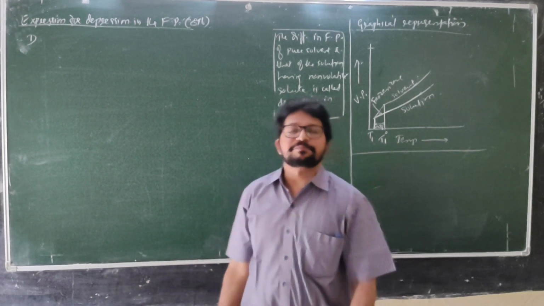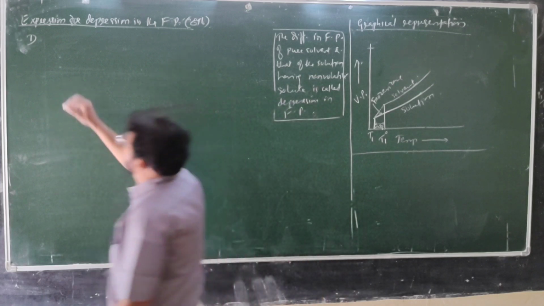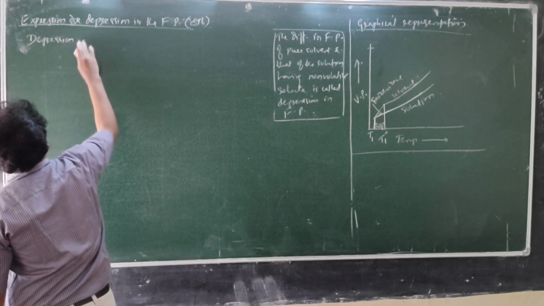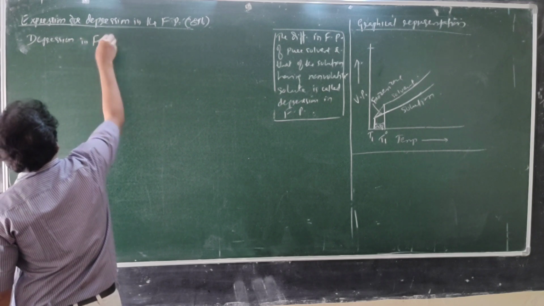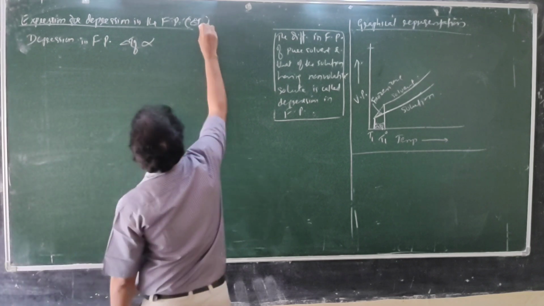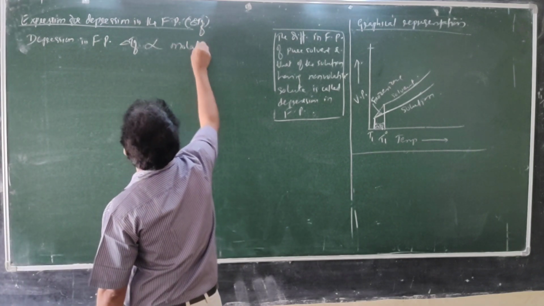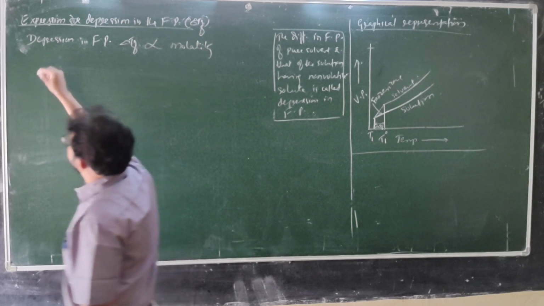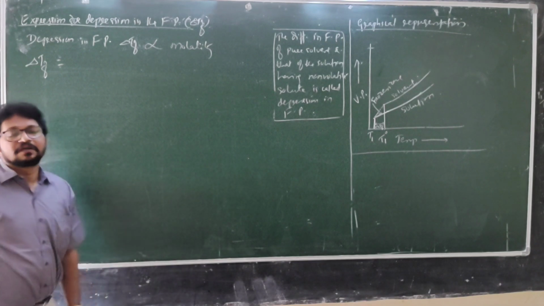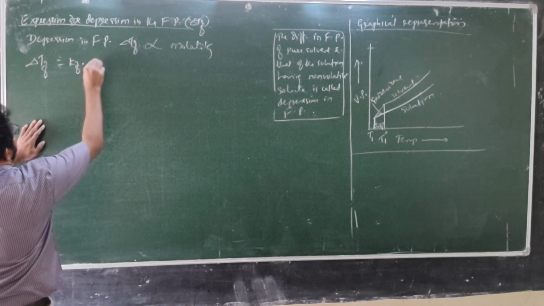It depends only on the number of solute molecules. Delta T F is proportional to molarity. Delta T F is equal to the proportionality constant Kf into molarity.